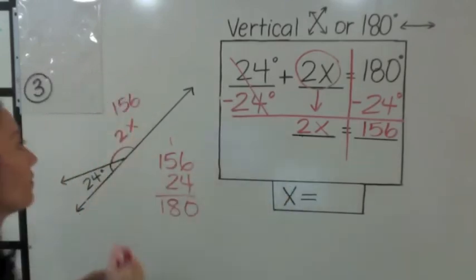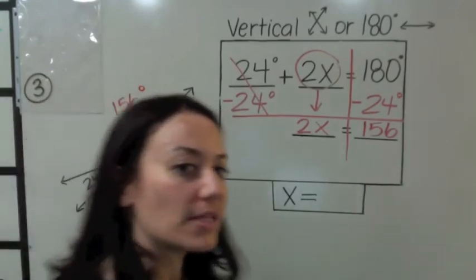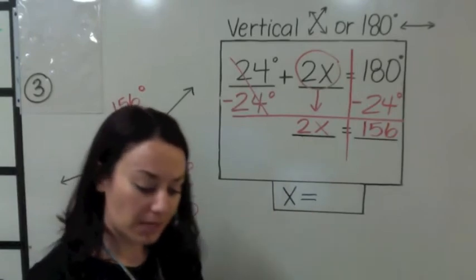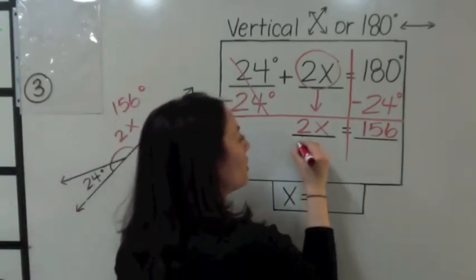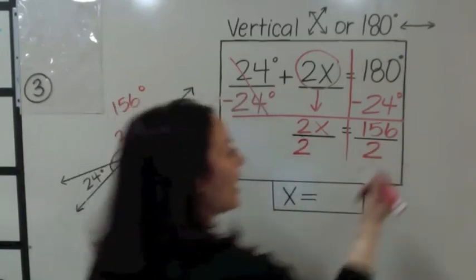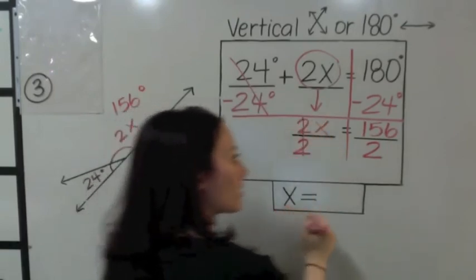But we can't stop there. I know this is 156 degrees, but it's asking us, what is x? How do we find out what x is? Because 2 is being multiplied by x. What's the opposite of multiplication? It's division. So all you're going to do is write a 2, divide both sides by 2, and your 2 divided by 2 is 1. You'll be left with x.